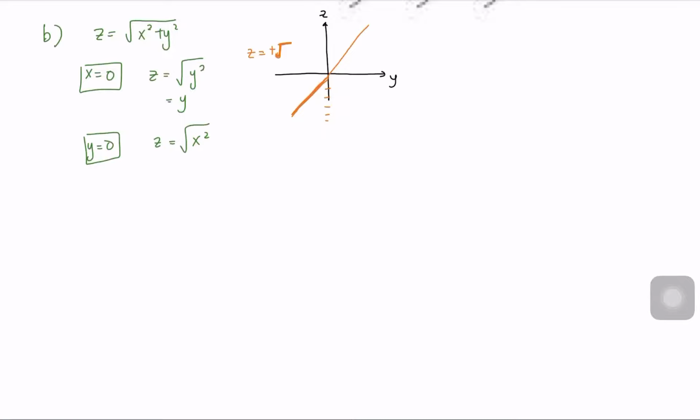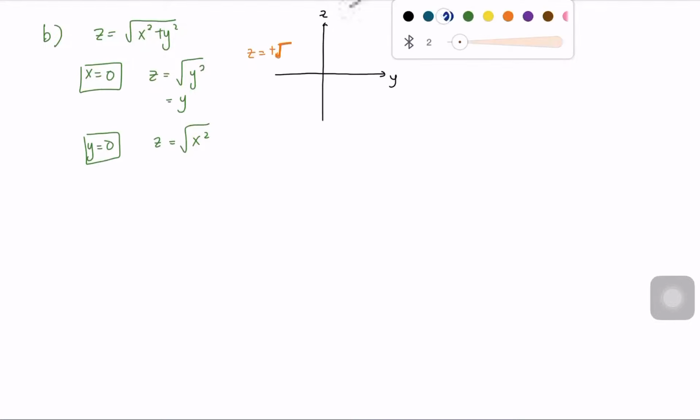Therefore the graph here is wrong for the negative z. So basically the graph is here, positive only. Now is that correct?